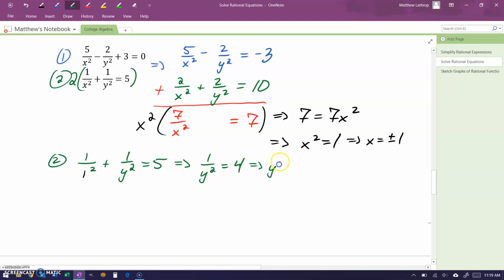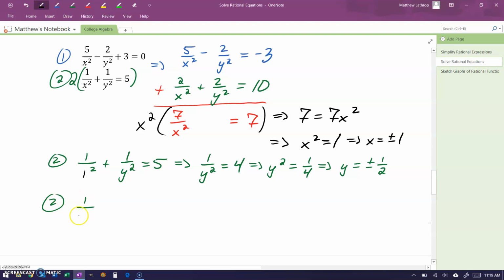Taking the reciprocal of both sides will give us y squared is equal to 1/4. Meaning, if we take the square root of both sides, y is equal to either plus or minus 1/2. So for that single x value, we get two different possible y values.